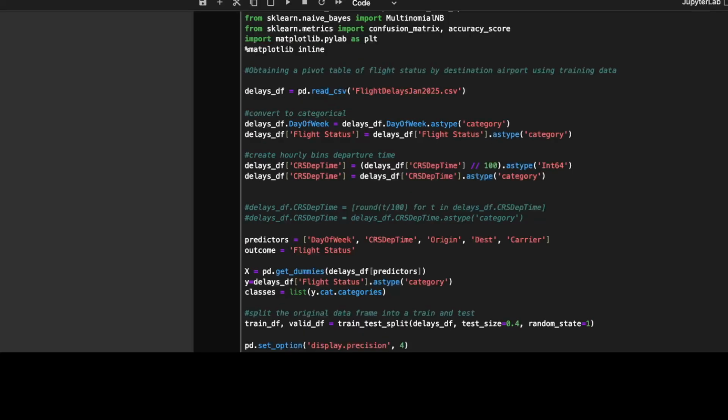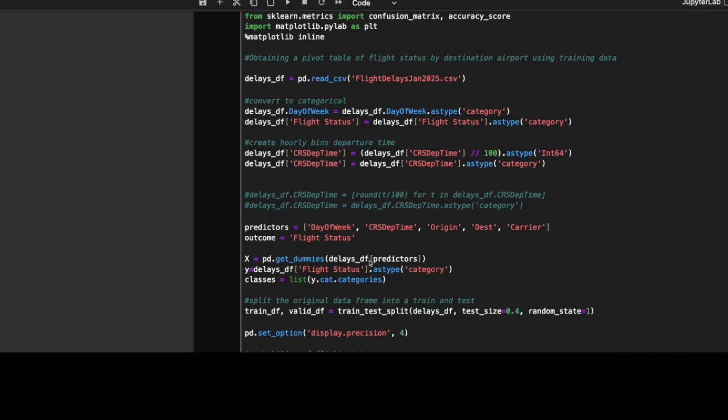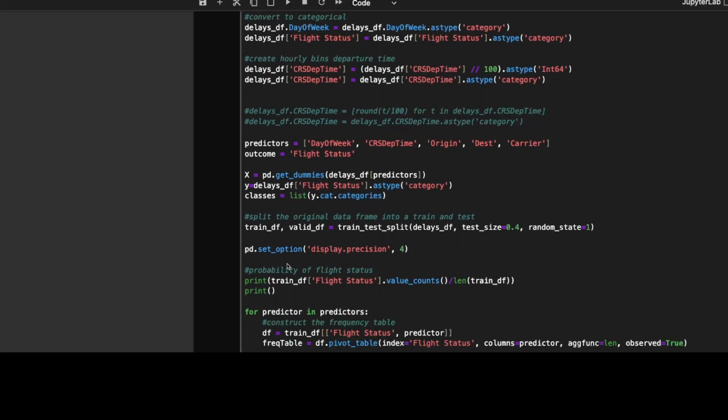Now, before we run the algorithm, let's understand what Naïve Bayes is actually computing. The algorithm calculates conditional probabilities. Given that a flight is delayed, what's the probability it's on a Monday? Given that it's on time, what's the probability it's departing at 8 a.m.? So that's something which we have to calculate as prior probabilities, and that's what we are doing here.